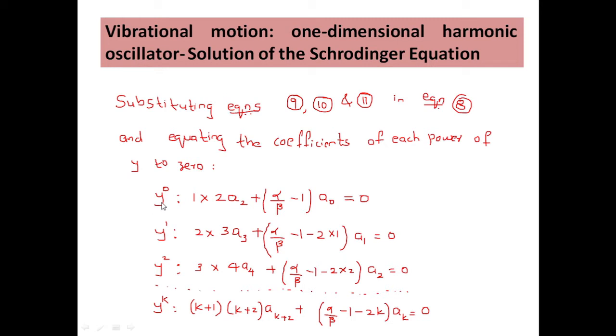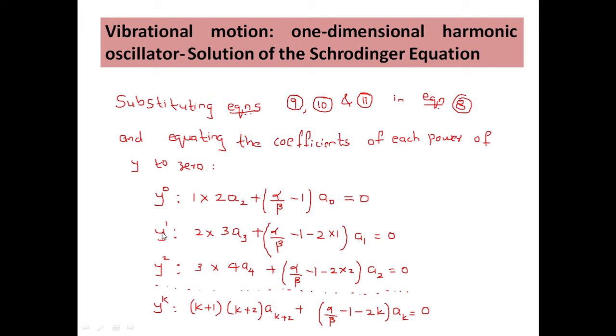That is how the equation works out. Each power can be equated to 0. The coefficient of y raised to 0 is 1 into 2 a2 plus alpha by beta minus 1 into a0 is equal to 0.